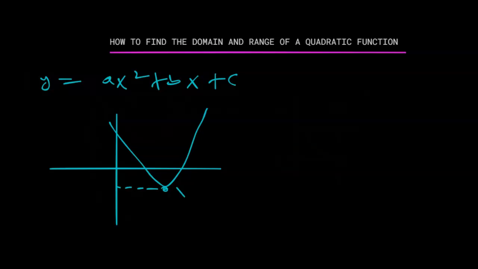This point is known as the vertex, and it is written in terms of an x-coordinate and a y-coordinate. Let's call the x-coordinate h and the y-coordinate k. This is going to be the lowest point on the curve. It means that below this point, the curve is not defined, below the lowest point.